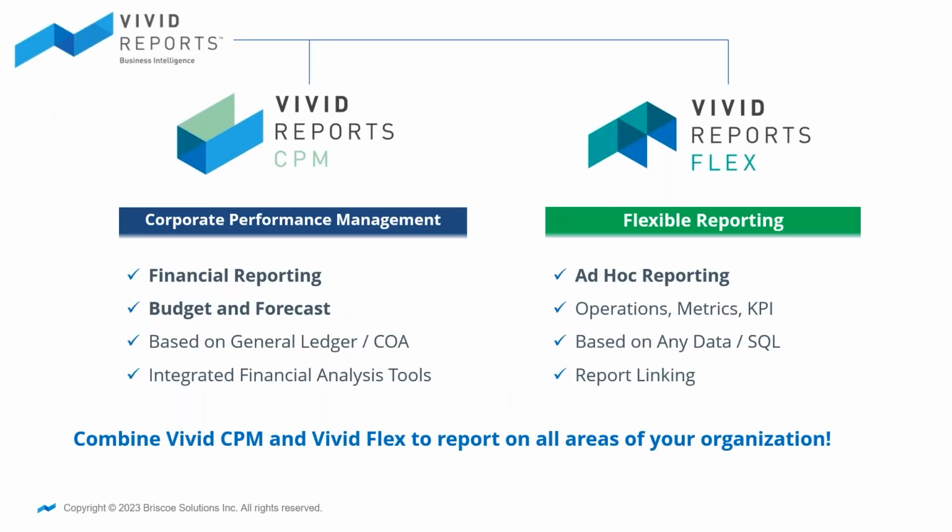So Vivid sells two products. I'm going to be focusing today strictly on our CPM product. CPM stands for Corporate Performance Management, and it's all about financial reporting. It's all about the general ledger, accounts, segments, reporting trees, drilling down, etc. We also have a budgeting and forecasting module, which allows you to take all that heavy lifting that you have to do with your budget spreadsheets today and really streamline it.